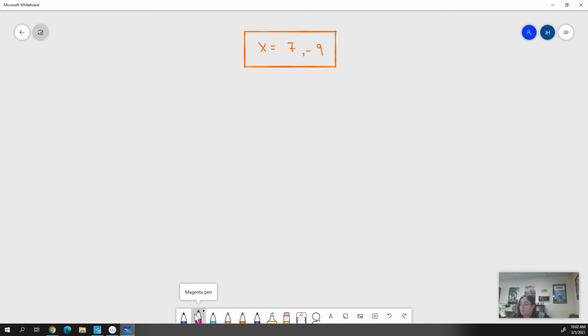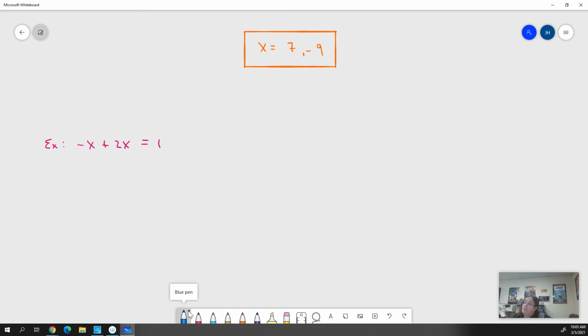So the next one I'm going to do is negative x squared plus 2x equals 1. So in this case, it's not in standard form. We're not set equal to 0. So we're going to have to go ahead and put that into the standard form.